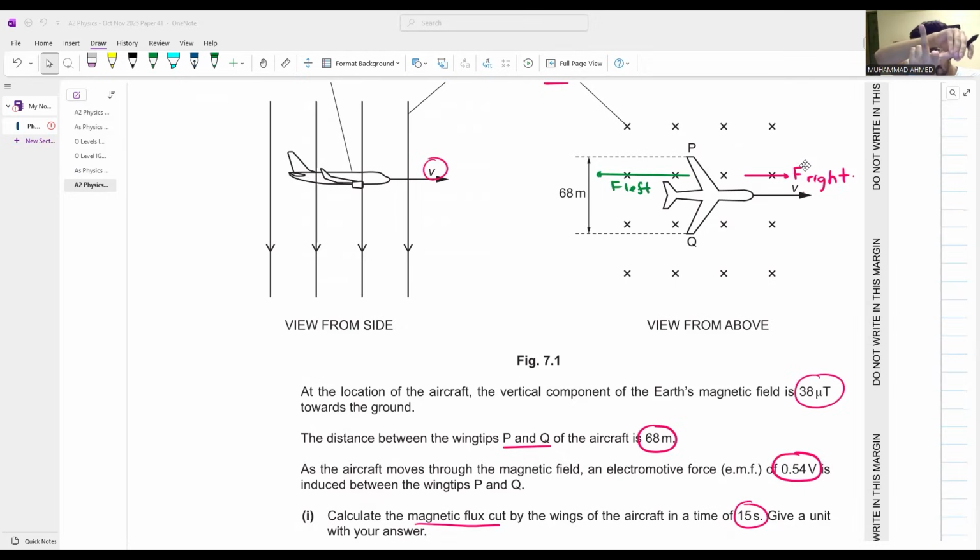The induced EMF is applying the force towards the left side. Where does your current point? Current points from P to Q. According to Fleming's left hand rule, if the force is towards the left and the magnetic field is into the page, current flows from Q to P. Let's write this down first of all.